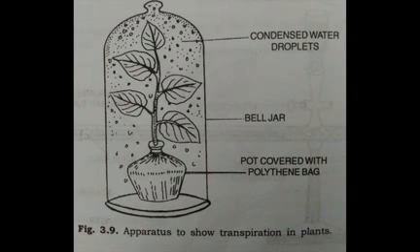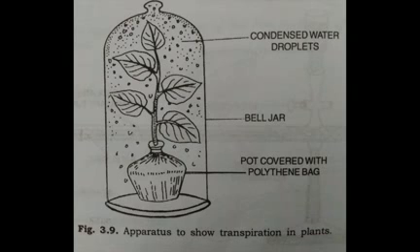Lenticular transpiration, lenticels are the pores in the stem of the plants. Loss of water through them is known as lenticular transpiration. Bark transpiration is the loss of water through the bark of the tree.